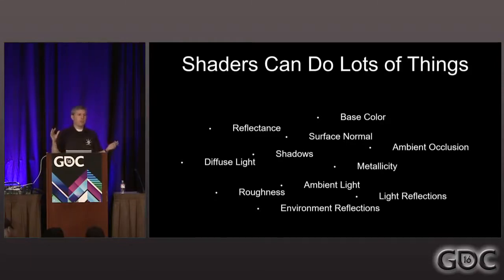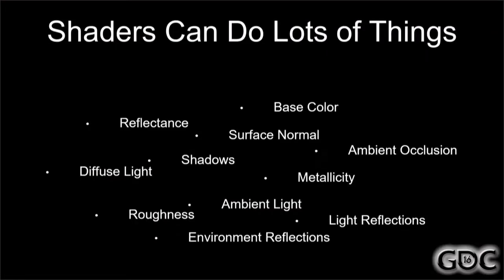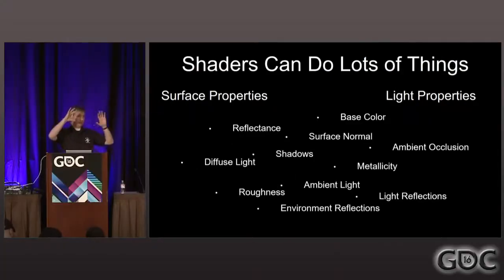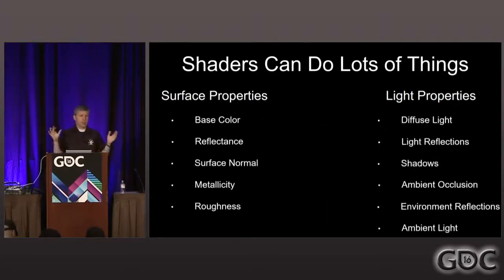But really, there are just 2 big categories of what shaders can do. There are the surface properties of the object itself, and there are the lighting properties from lights in the scene and from ambient light and other things that are external to the object that's being rendered. So if we sort all of these things, we can see we have a category for surface properties and a category for light properties. Shaders do all of these things, but it's really helpful to sort them and understand the difference between the 2 categories.